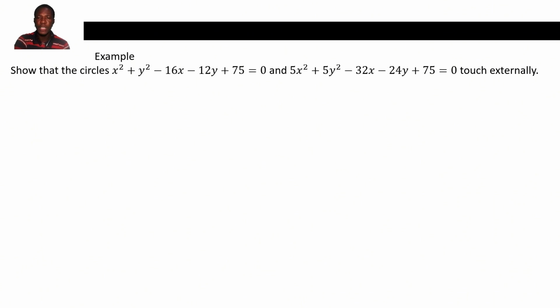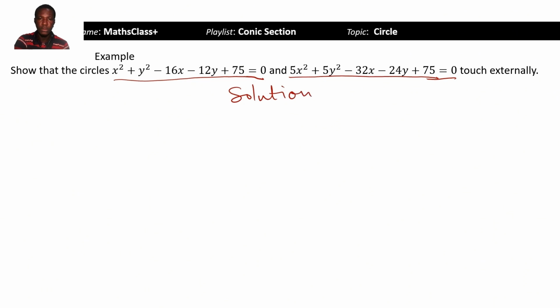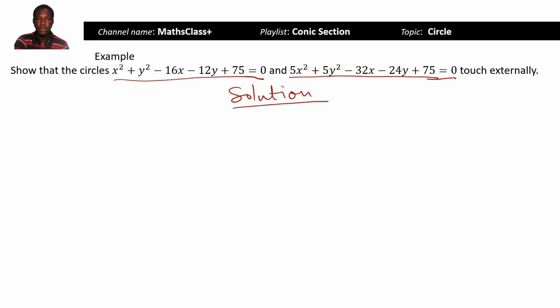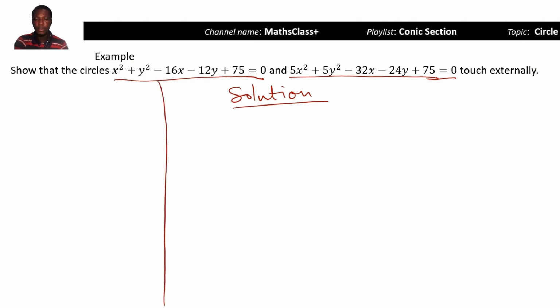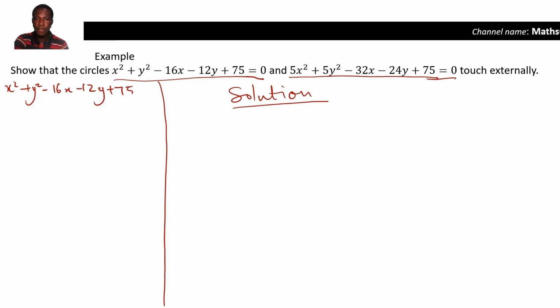Show that the circles, this one and this one, touch externally. Our solution. So we are going to take our first circle, that is x squared plus y squared minus 16x minus 12y plus 75 is equal to 0.